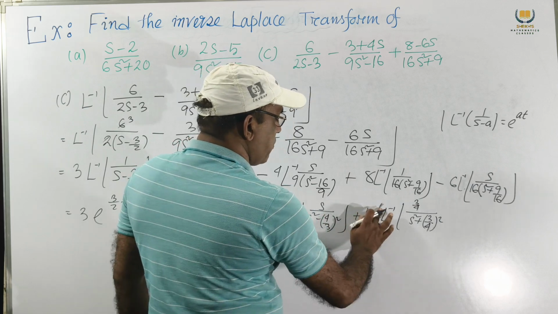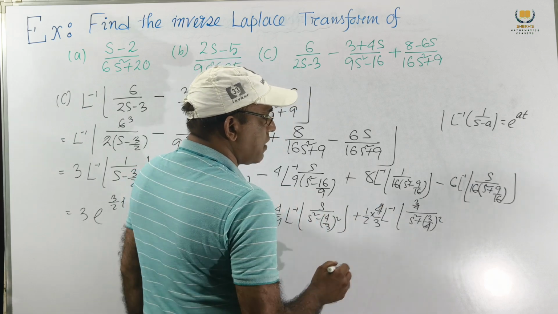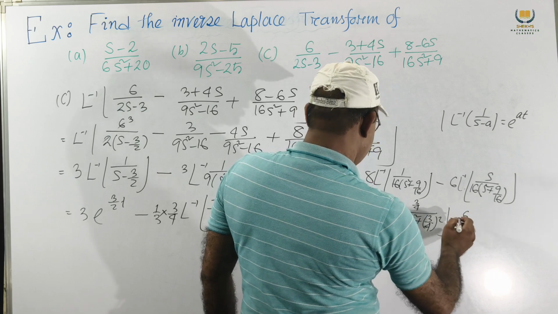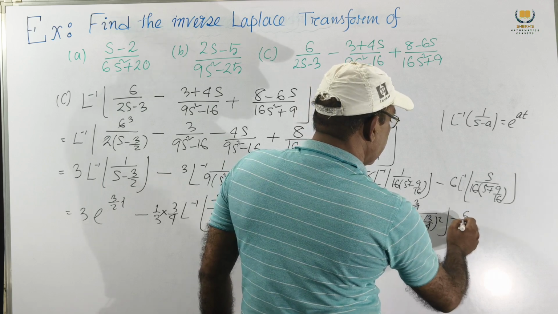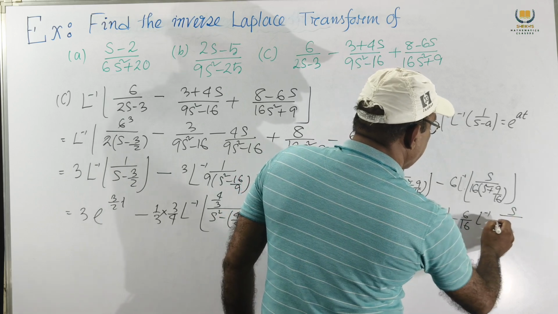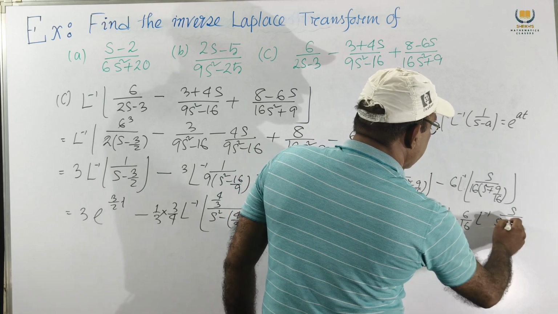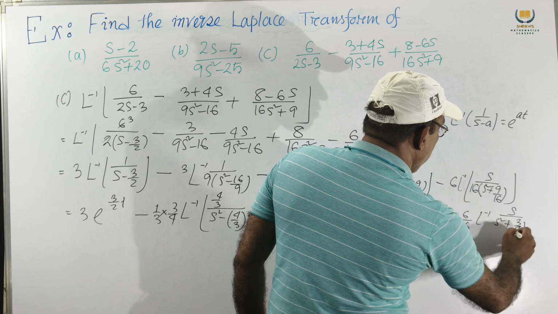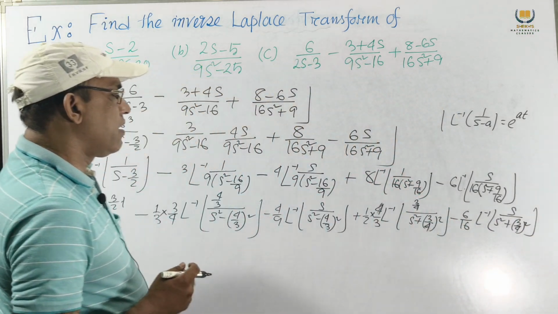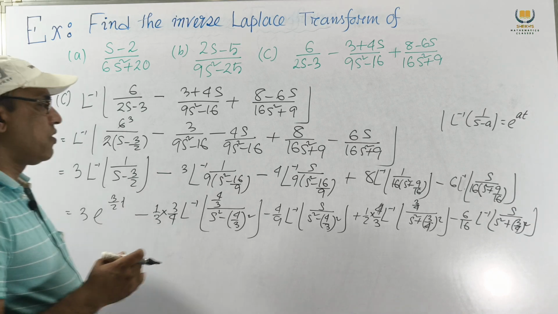We get 4 by 3. This one. And this is 6 by 16, L inverse s by s square plus 3 by 4 whole square. This one we get. Now we know this formula.